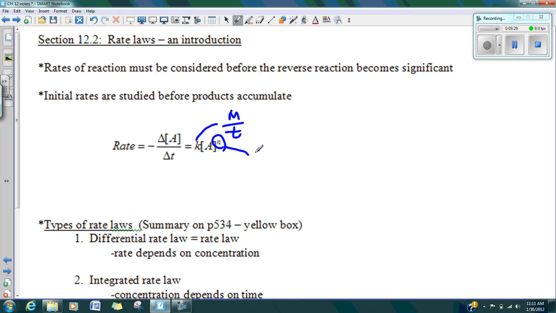And this is just, like I said, an order of reactants. We're going to talk about how to find that experimentally. So the order of the reactants refers to the concentration of the reactants. And so we'll be taking a look at our experimental data to be able to determine this.